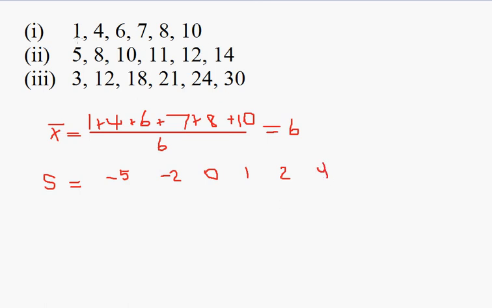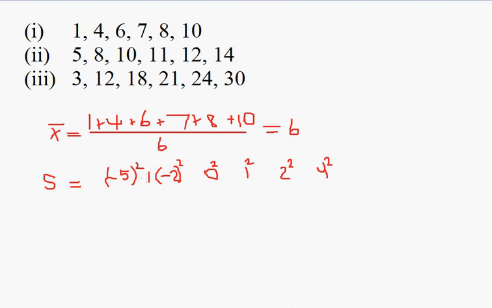So taking all of these 6 numbers and then subtracting the average 6 from all of them. Okay, the next thing I do is square all of them. So negative 5 squared, negative 2 squared, 0 squared, 1 squared, 2 squared, and 4 squared.